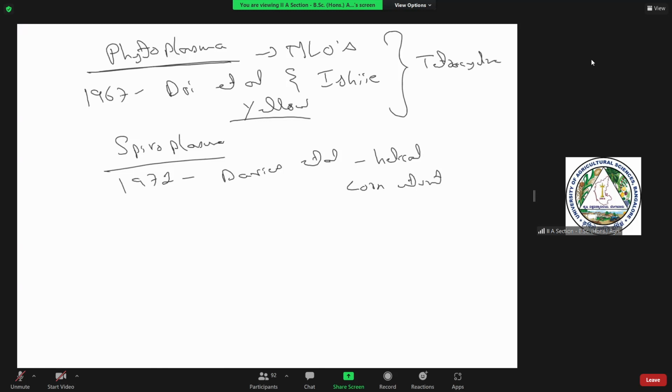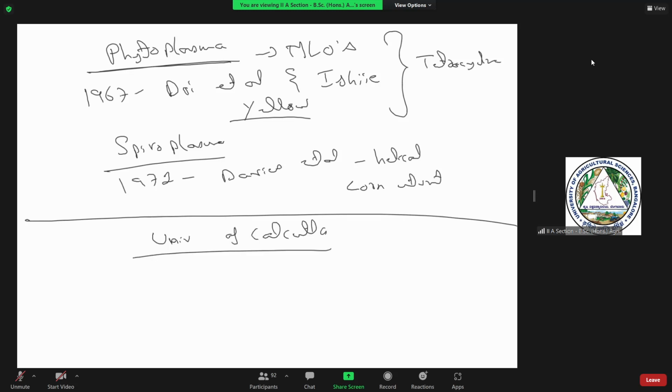When we talk about the development of plant pathology teaching, the teaching of plant pathology as a course was started in the University of Calcutta, as a subject syllabus, and also in Madras. Go back to 1857, that's a long time back.